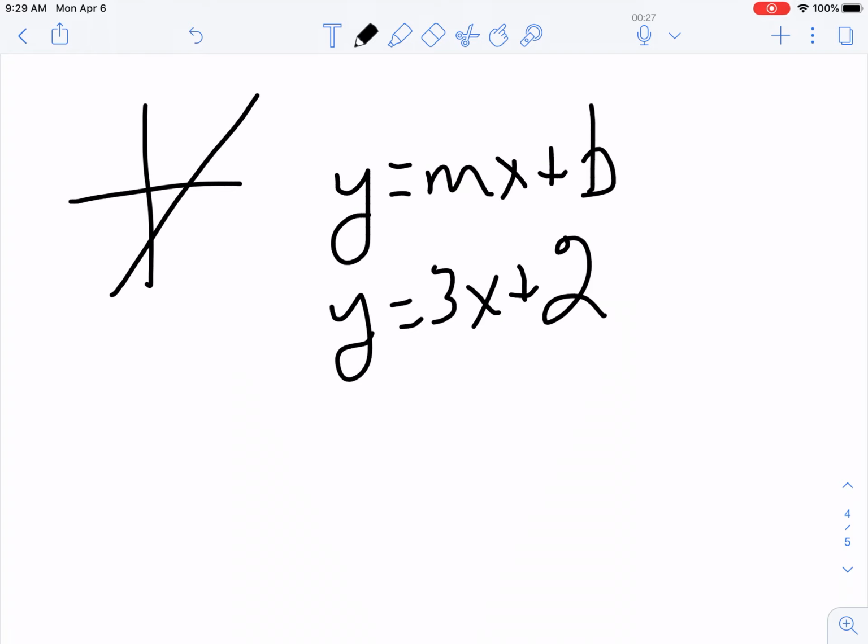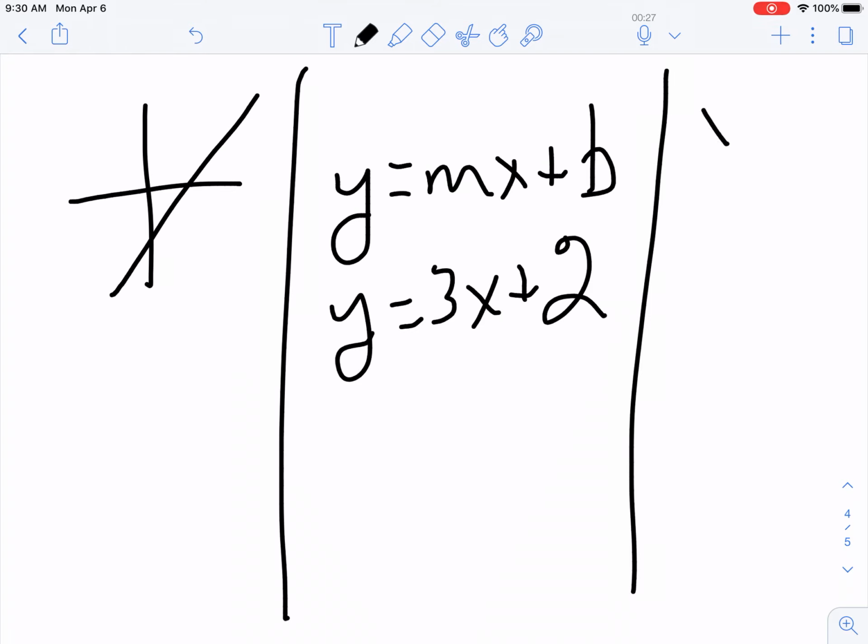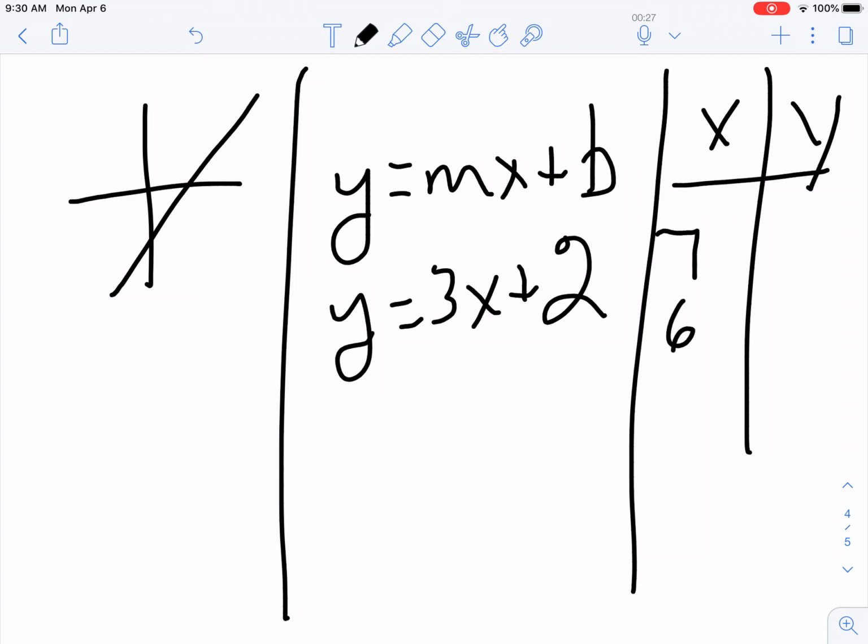Or we can tell if something is a linear relation by looking at a table of values, when each x has only one y partner. Those are all 3 examples of linear relations.